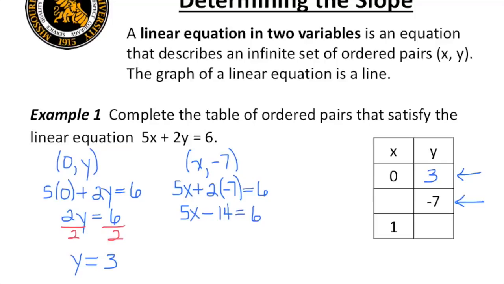Now we solve for x. Add 14 to both sides, which results in 5x equals 20, and then divide both sides by 5. So we find out that x must equal 4. And now we have a second complete ordered pair.